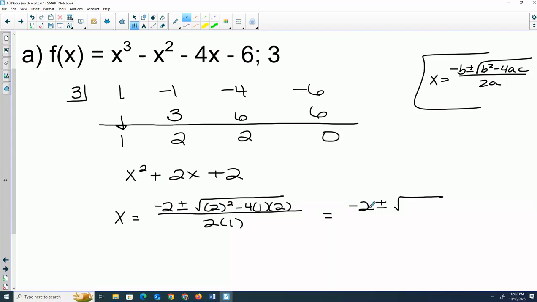So I get 4 minus 8, so that's a negative 4. What's the square root of negative 4? Okay. So negative 2 plus or minus 2i divided by 2. If I divide everything, we get negative 1 plus and minus i.